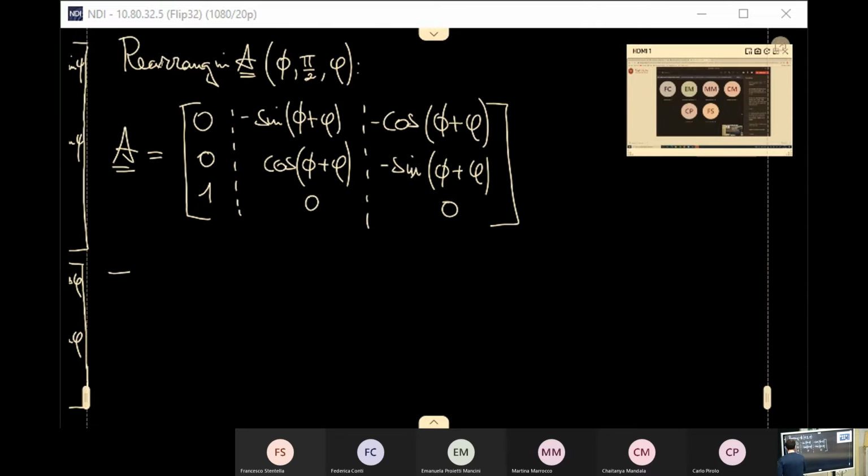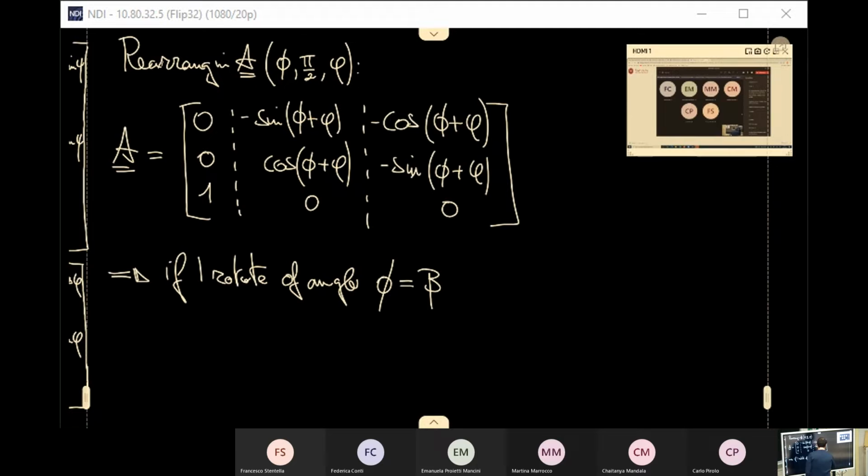If I rotate of an angle phi equal to, whatever, let's call it beta, or psi equal to beta, it's the same.